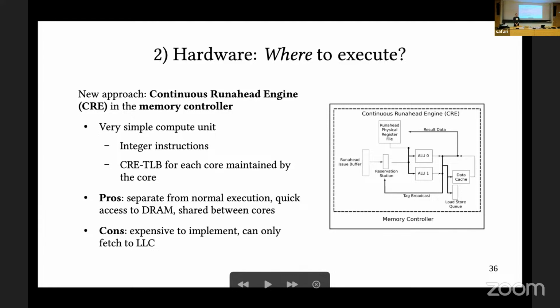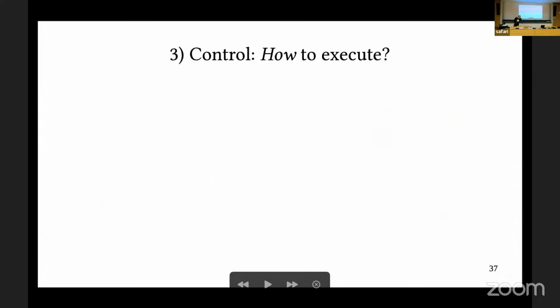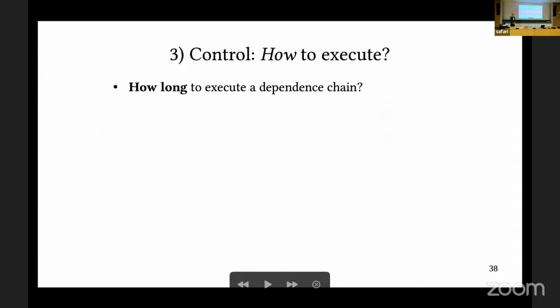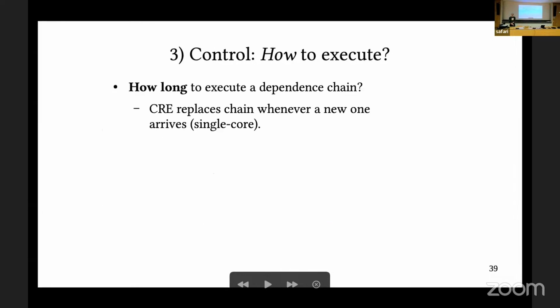Okay, so we have a space where to execute this continuous Runahead. Let's go over some implementation details. We have such a chain, we're executing it. How long do we keep doing this? The behavior is pretty simple. The CRE just takes whatever chain it gets and executes it, and once it gets a new chain, this is single core now, it just replaces the one it has and executes the new one.